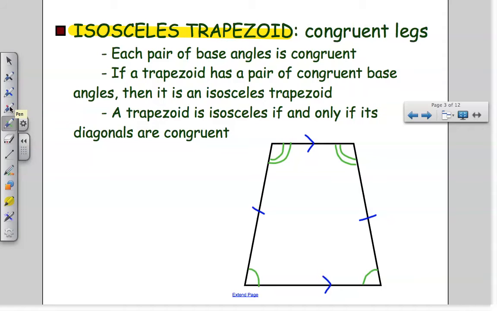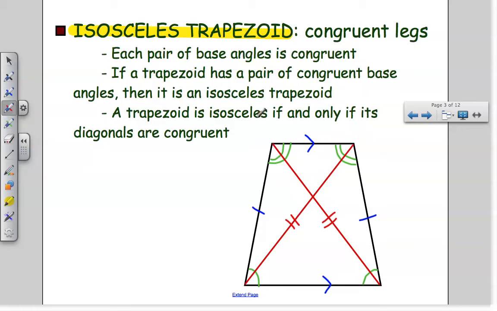And another cool property of isosceles trapezoids: a trapezoid is isosceles if and only if its diagonals are congruent. So if I draw in the diagonals here, these diagonals themselves are congruent, and I could mark two tick marks representing the entire diagonal is congruent to this entire diagonal.